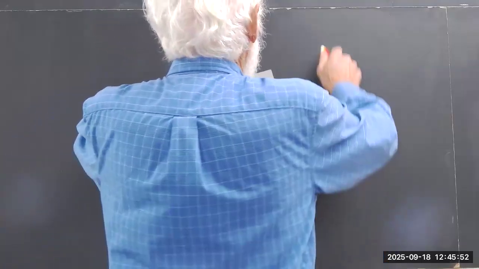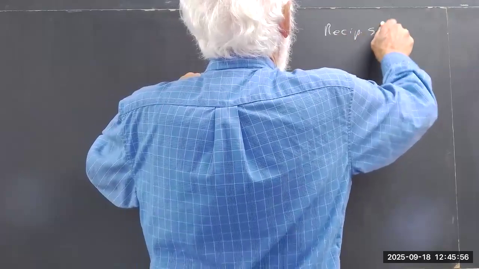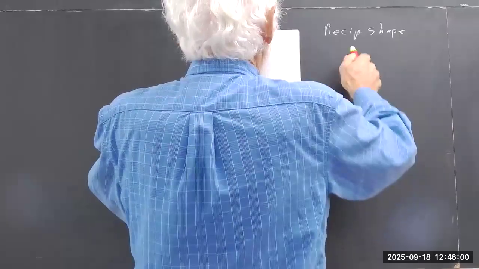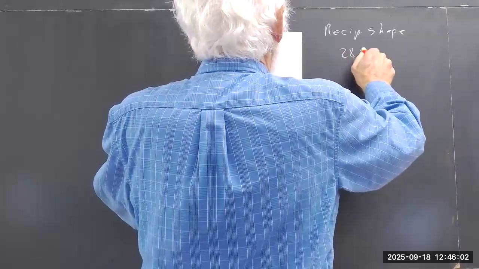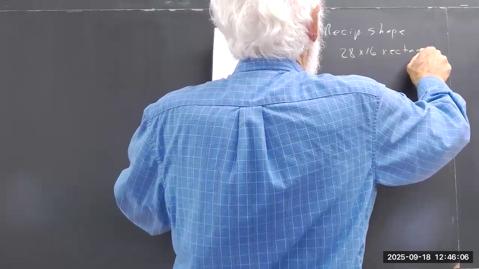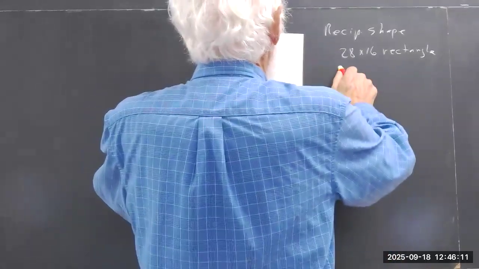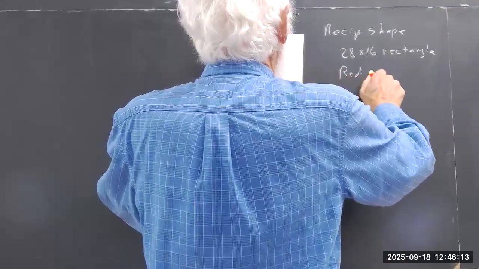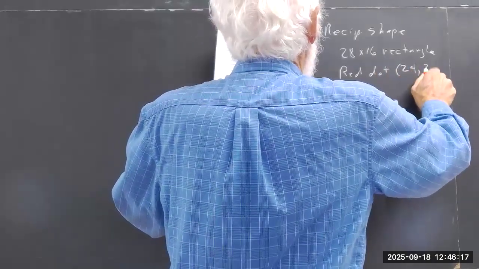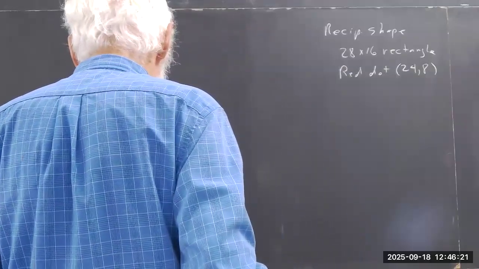Okay, reciprocal shape. The rectangle is 28 by 16. The red dot is at 24, 8.